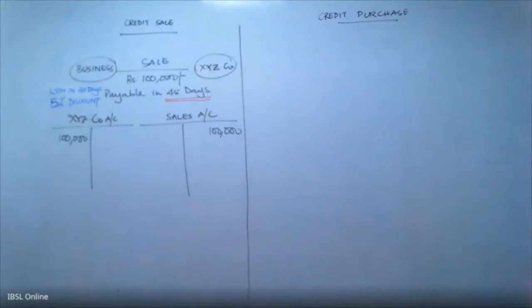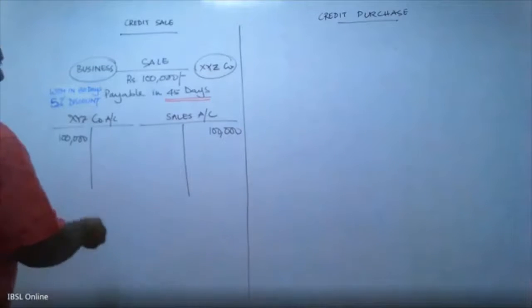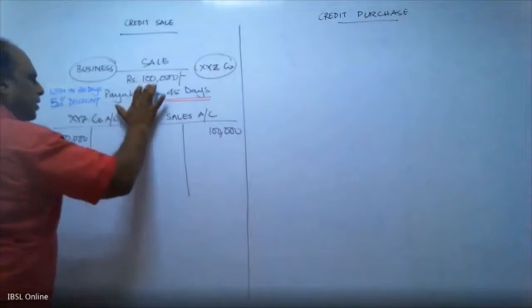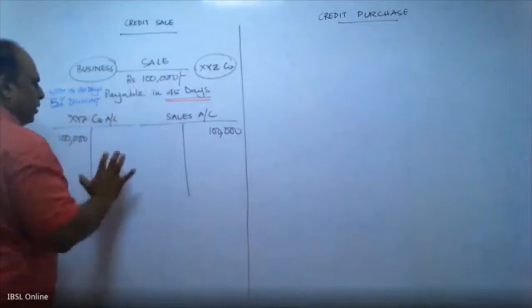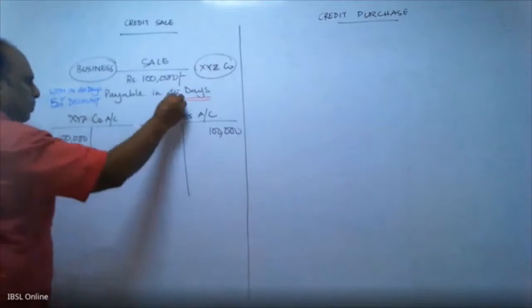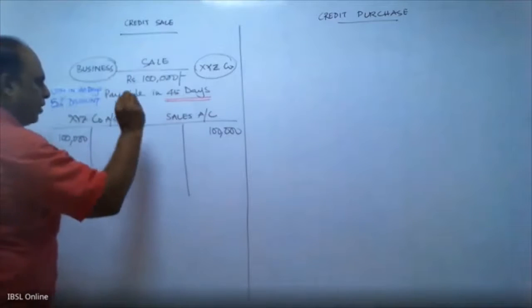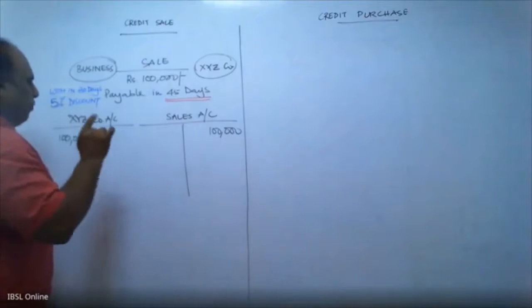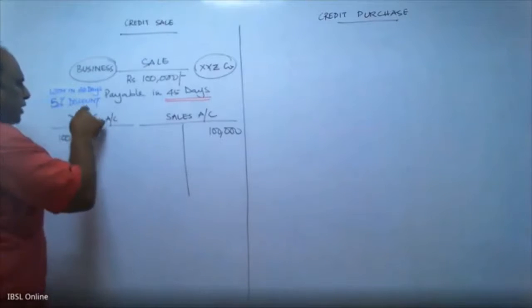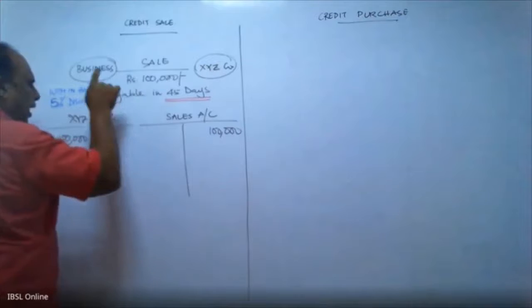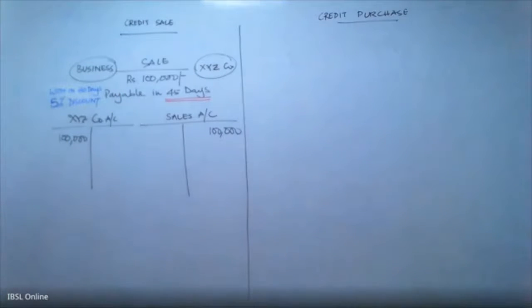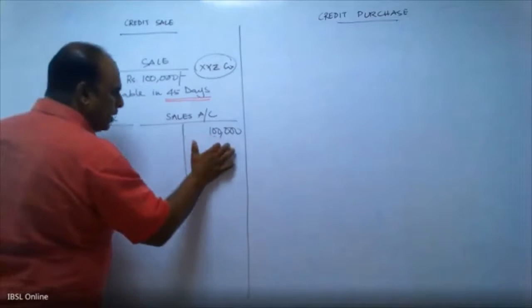95,000. Very good. Now, what do you mean by that? I told XYZ company that the sale we are doing is 100,000 rupees. You can pay me in 45 days. If you are paying me in 45 days, you have to pay me 100,000. But if you can pay within 30 days from today, I can offer you a discount of 5%, which means you don't have to pay me 100,000.